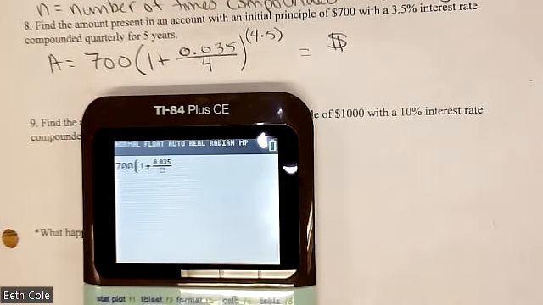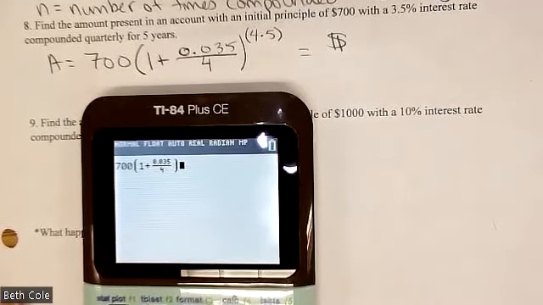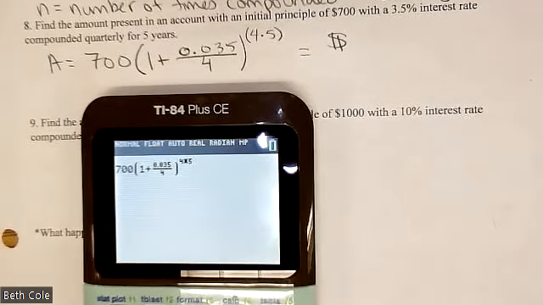If you want to get that fancy fraction bar on your calculator, it is alpha y equals. Alpha y equals enter will give you that fancy fraction bar. Alpha is right below second, on the left side.